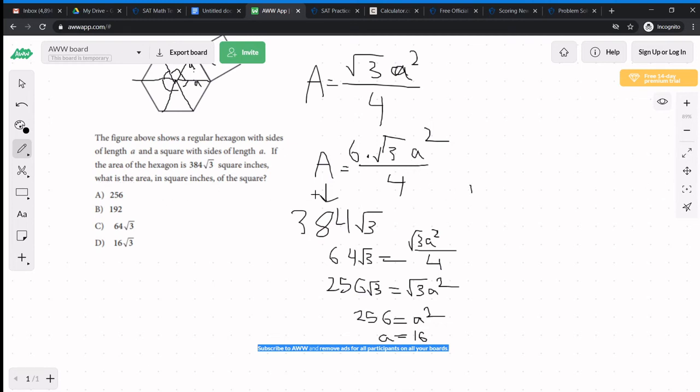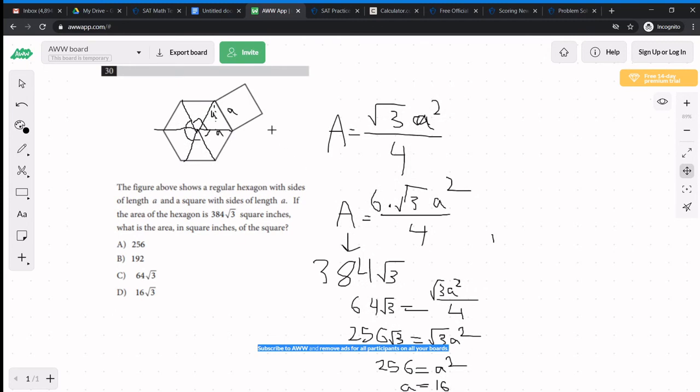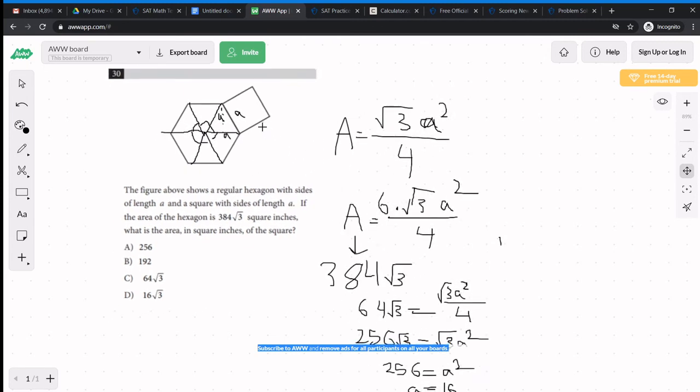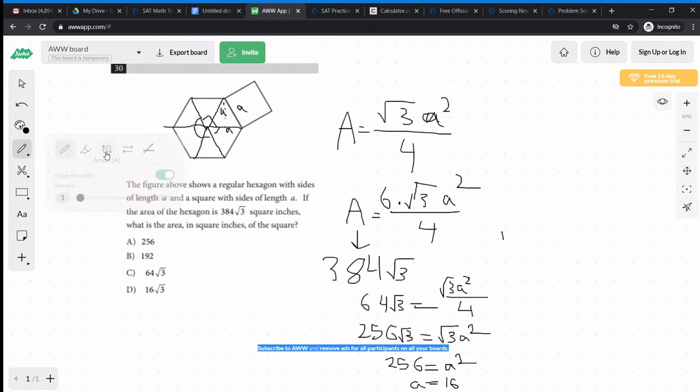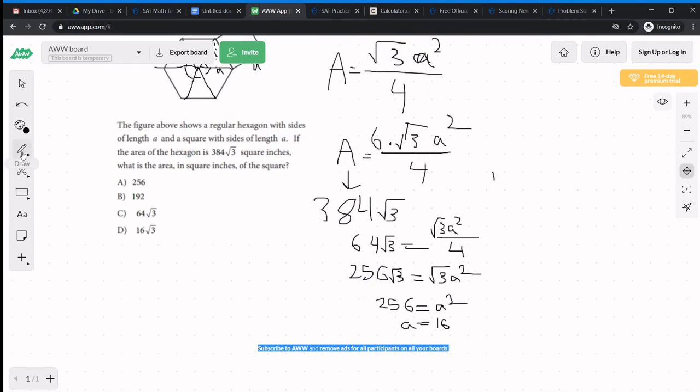And now we have to find the area of the square, which just has side lengths a. So the area of the square is just going to be a squared. Didn't actually even need to find what a was, because already over here we figured out that a squared is 256, which is going to be our answer.